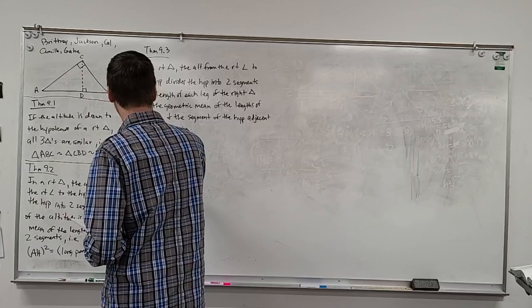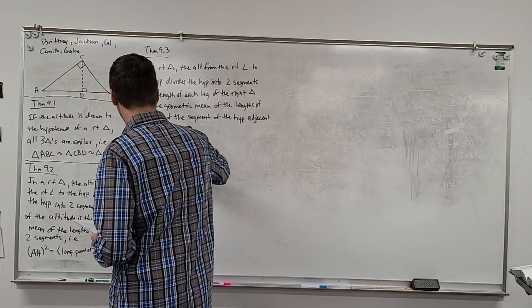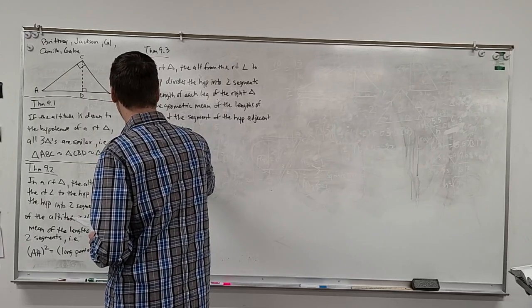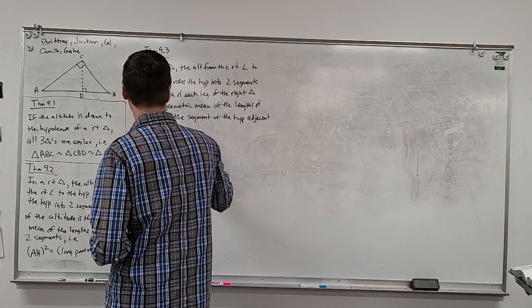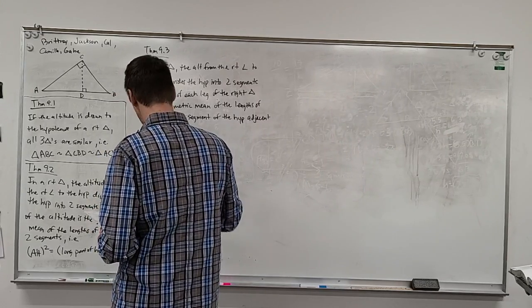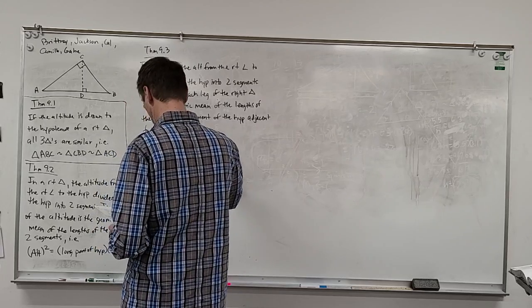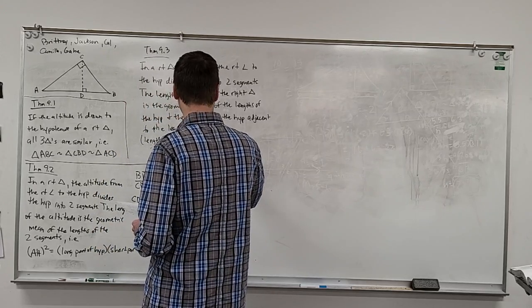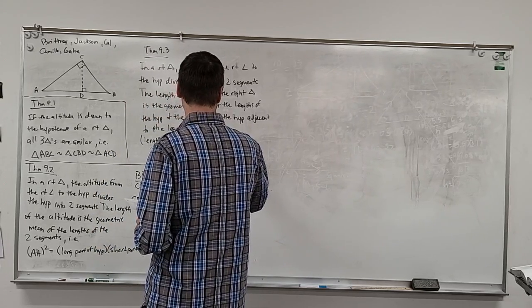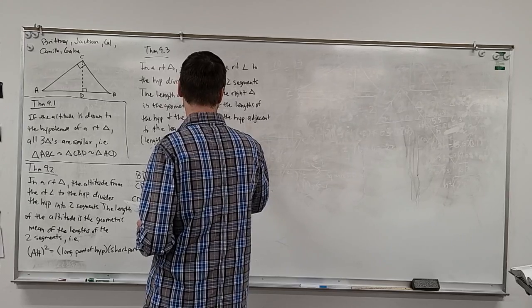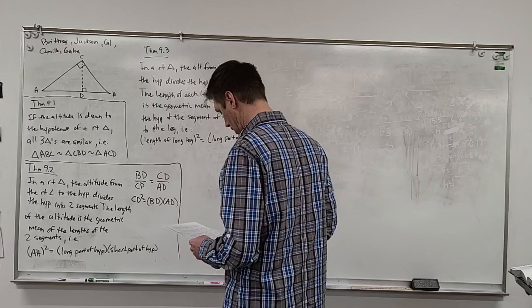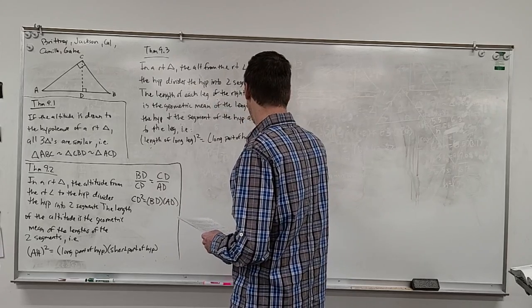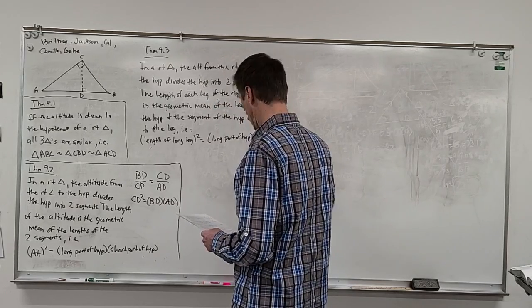length of long leg squared equals long part of hypotenuse times whole hypotenuse.